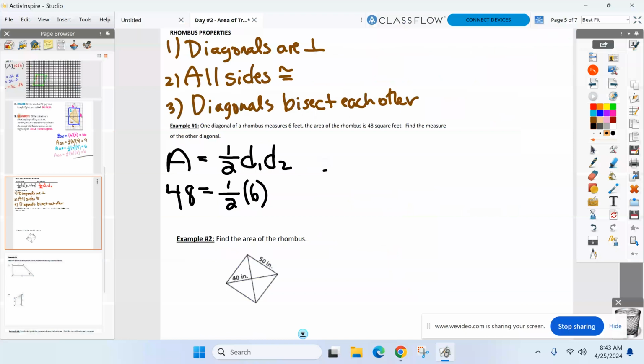You guys want to leave it D2? You can. You want to put an X there? It's up to you. Solve it now. Go ahead, solve for the other diagonal.